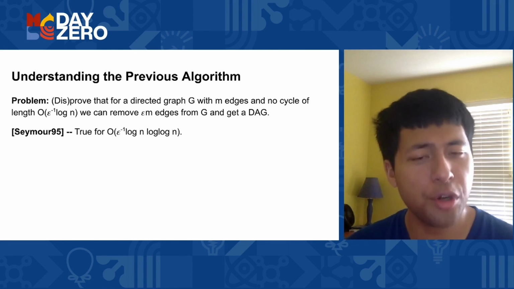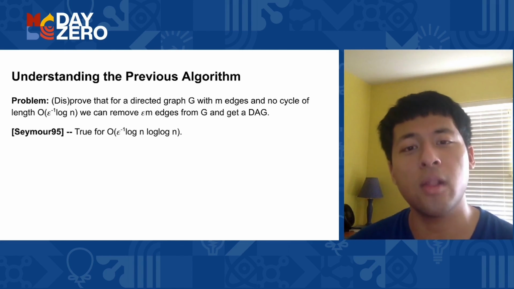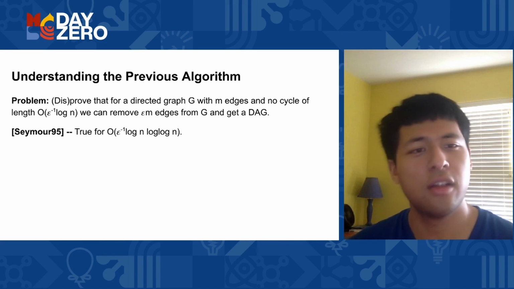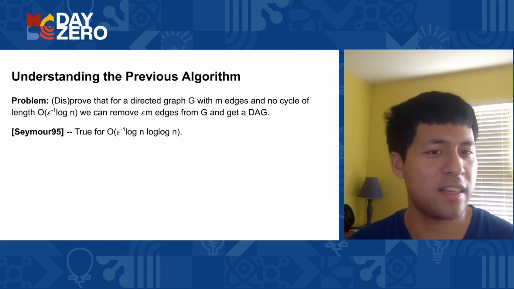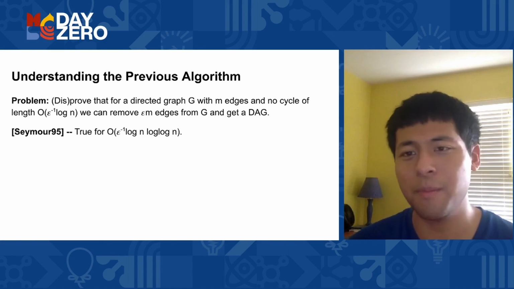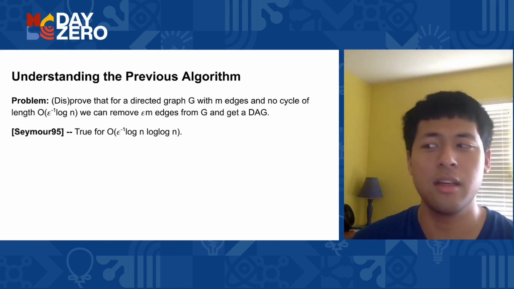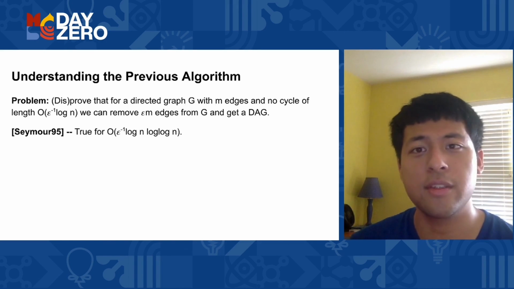This is known to be true if you replace the length log n over epsilon with length log n log log n over epsilon. So I think this explains the appearance of the log n in the previous algorithm. And I think any sort of progress on this would probably have implications for that algorithm and several other approximation algorithms for problems in directed graphs.